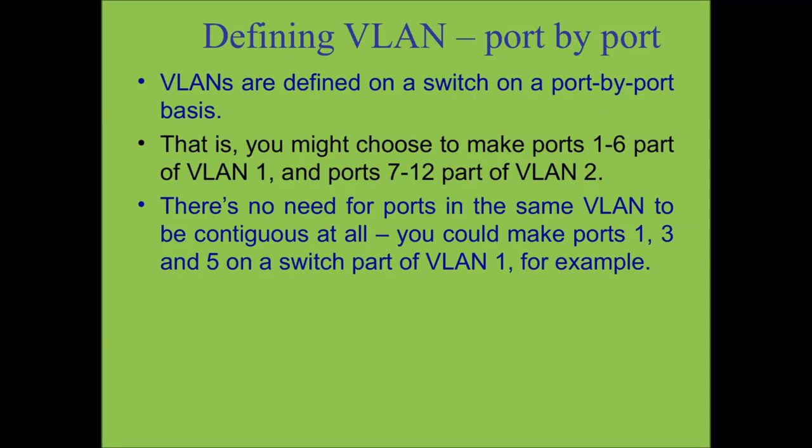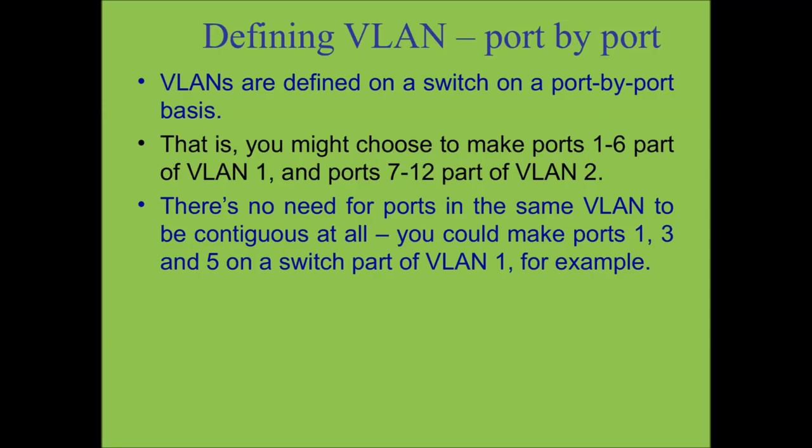Last point, there is no need for ports in the same VLAN to be contiguous at all. You could make ports 1, 3 and 5 on the switch part of VLAN 1, for example, and so on. A second main concept of VLAN in this slide is that we can use port number 1, port number 3 and port number 5 for VLAN 1, and we can use, let's suppose, port number 2, port number 6, port number 8 and port number 20 for VLAN 2.